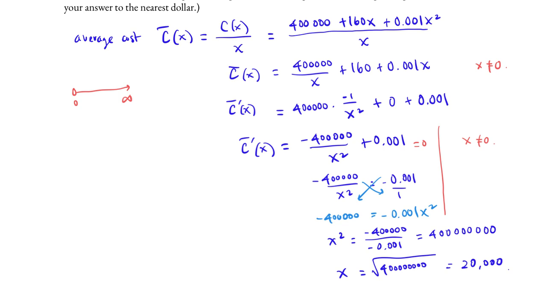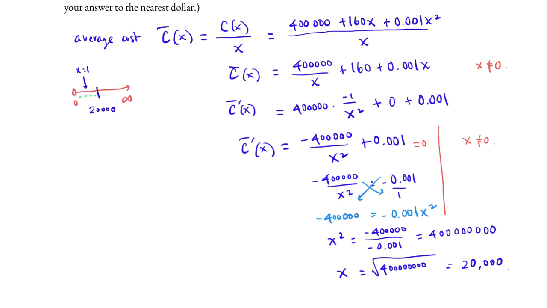Now, how do we know that this will minimize the average cost? If we pick a number in the interval 0 to 20,000, let's say x equals 1, and we plug this into the derivative, we will see that this gives negative 400,000 divided by 1 plus 0.001, which means the derivative will be negative on this interval.